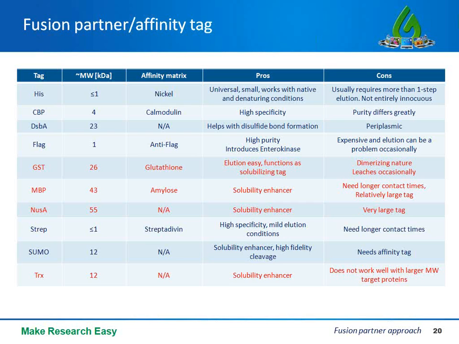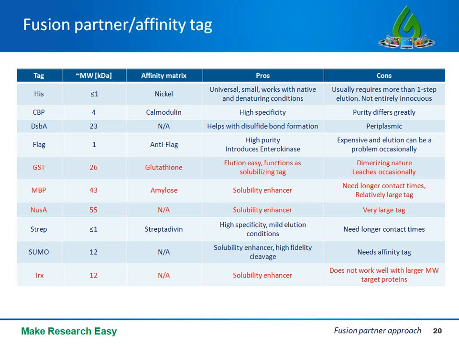So how do you choose a tag? That depends on a variety of factors, right? For example, the cost of your affinity resin, its regenerative capacity, its binding capacity, the purification buffer conditions, etc. And obviously expression levels are really important.